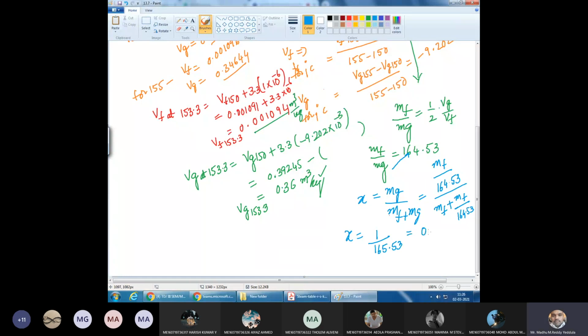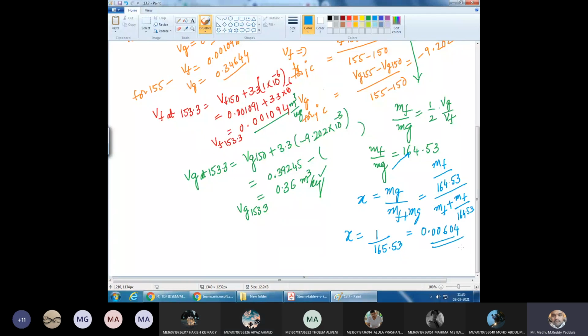How much is this value? It will be less than 1. 1 by 165.53 is 6.04 into 10 power minus 3, so I can write 0.00604.